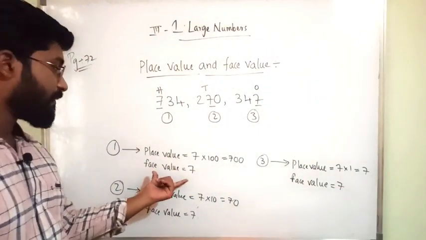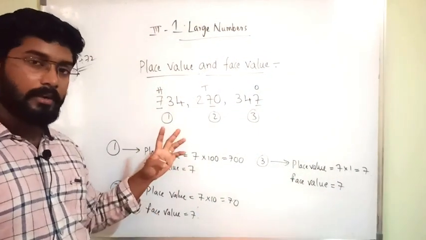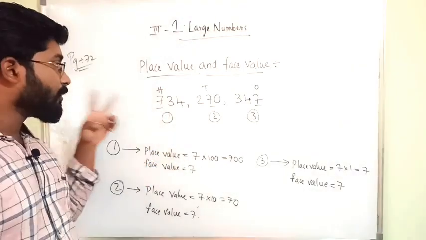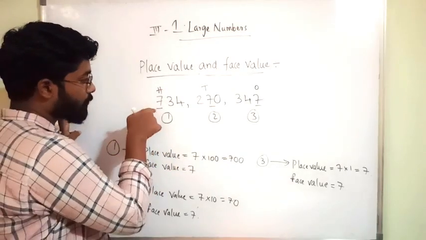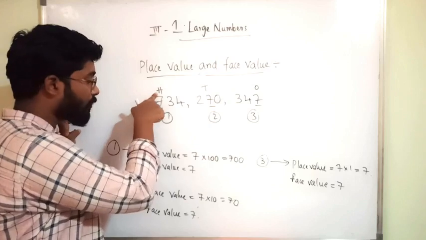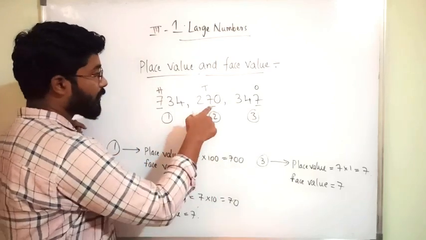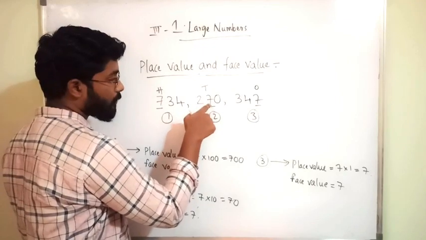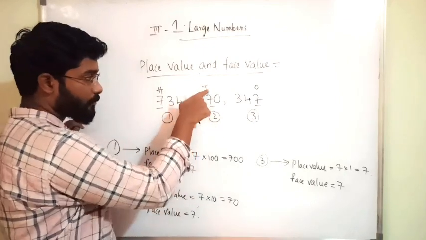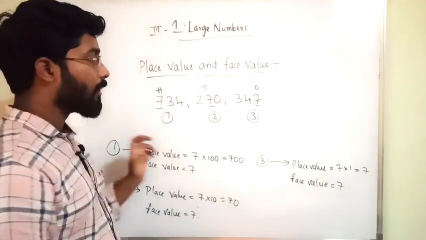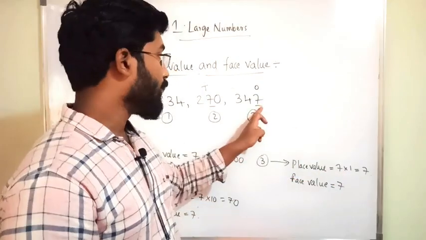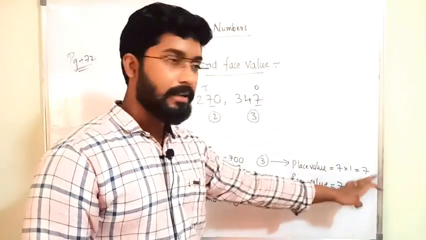Because face value will be the number itself. But place value will be changing according to the place. So here 7 is in hundreds place, place value will be 700, 7 into 100. This 7 is in tens place, 7 into 10, 70. This is in ones place, 7 into 1, 7.